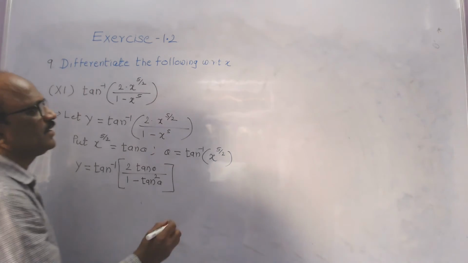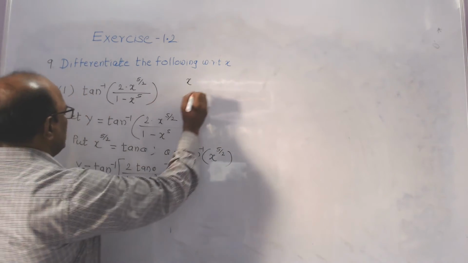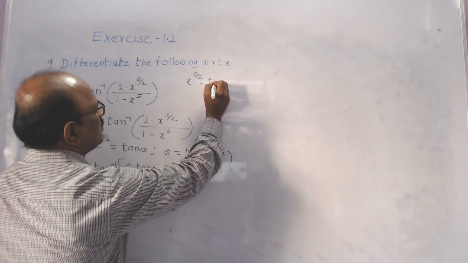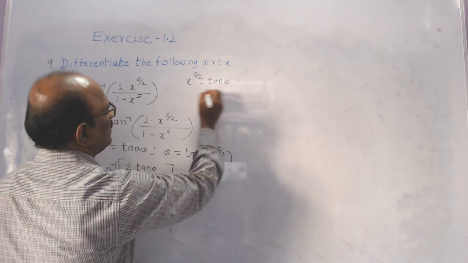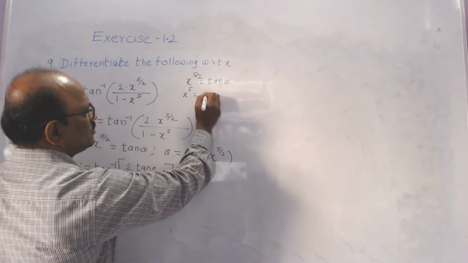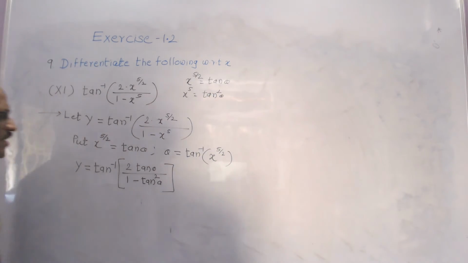As here x raised to 5 by 2 is equals to tan theta, therefore squaring on both sides, x raised to 5 is equals to tan square theta.